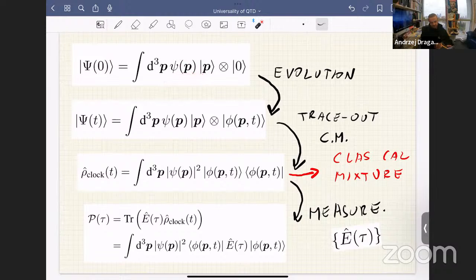It doesn't matter, because the outcome will be the same. All that matters is the modulus square of psi. So it can be a coherent superposition, but it could also be an incoherent mixture, and the outcome will be exactly the same.